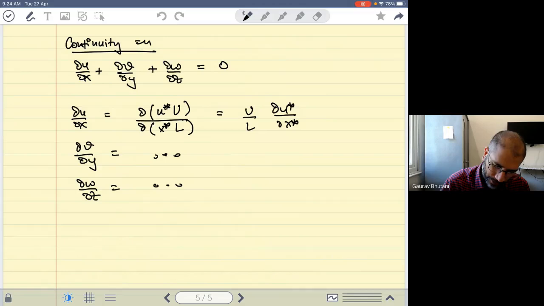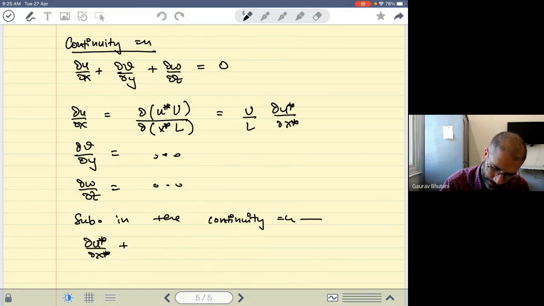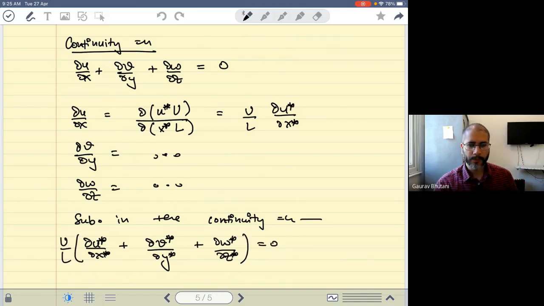The continuity equation now becomes this. And this U and L, remember, they're constants.